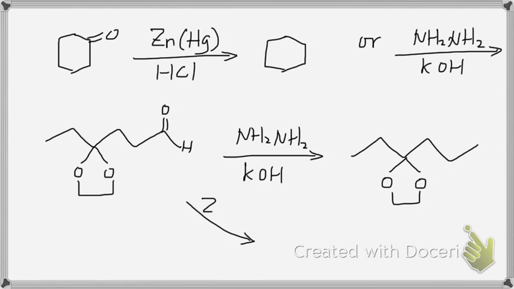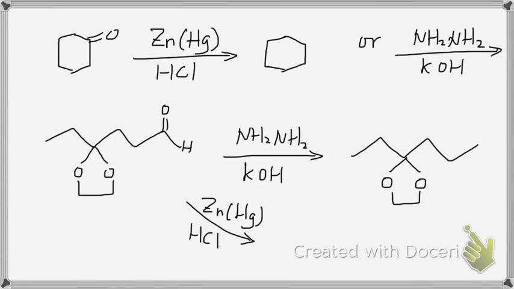If we do the Clemmensen reduction under acidic condition, the acetal protecting group could be hydrolyzed. Acetal can be hydrolyzed under acidic condition, so it's going to give a ketone in this case. And under this reductive condition, the ketone carbonyl can be reduced as well.